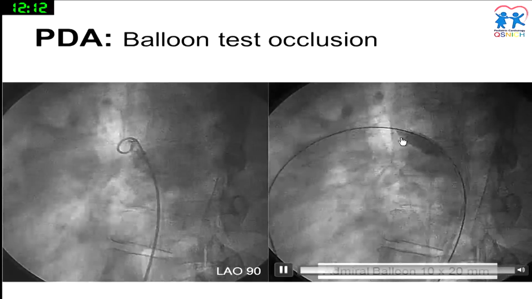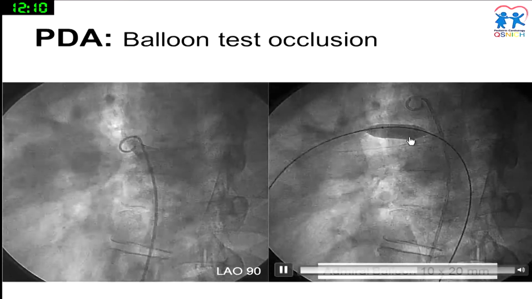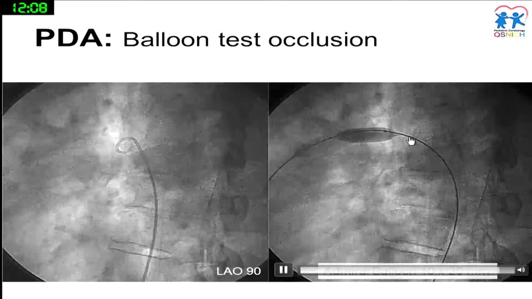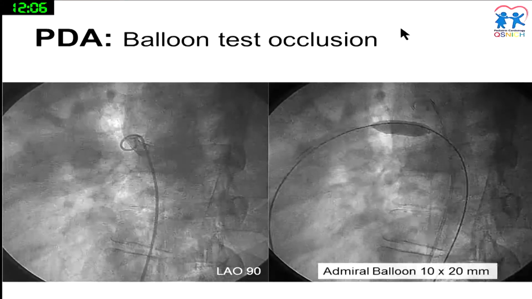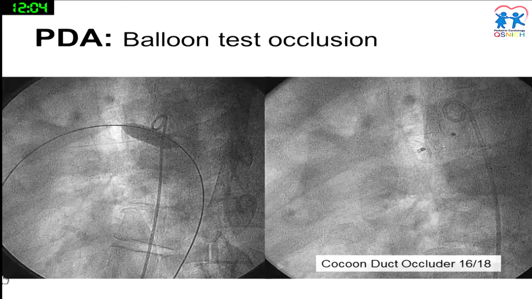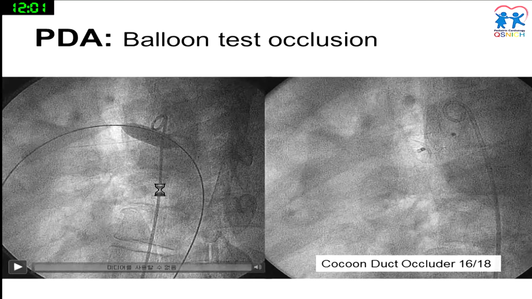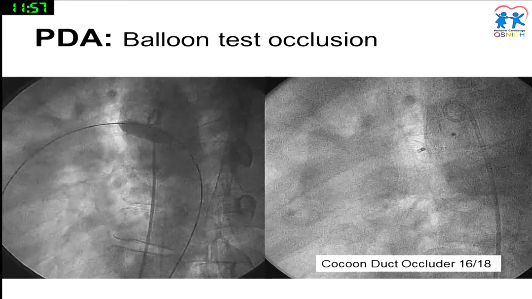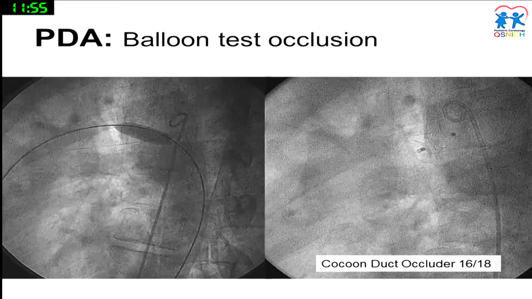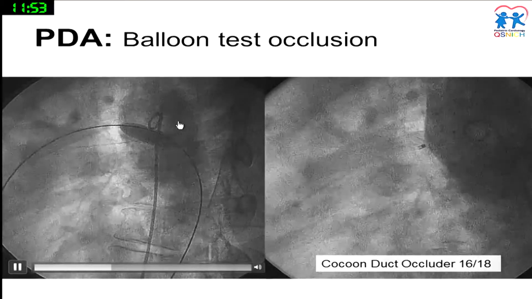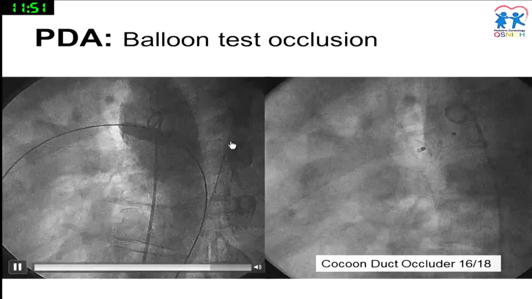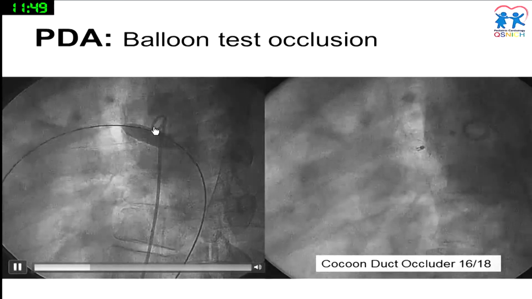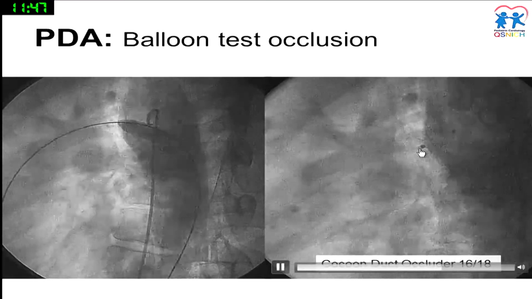This is the Admiral balloon. As you can see, we can use either an ASD sizing balloon or just a balloon angioplasty catheter. Once the balloon is in, you need to check whether there is nearly complete or complete occlusion of the defect. Then you can decide by the width of your balloon what size of device you're going to use.